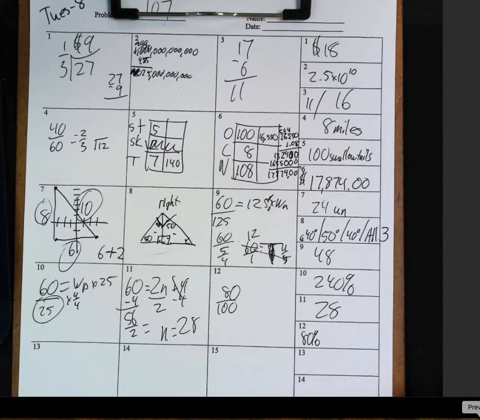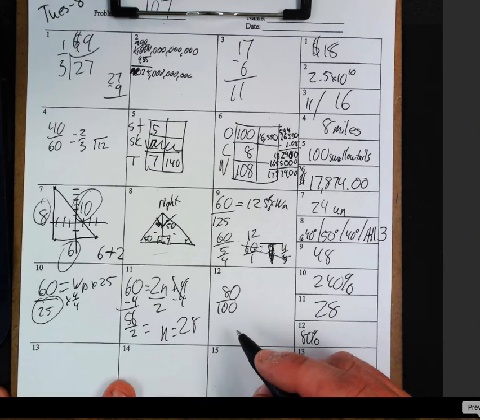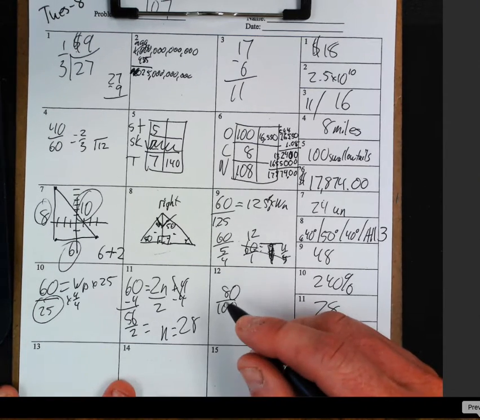B says, if the first marble is not replaced and the second marble is drawn from the can, what is the probability that both marbles will be yellow? Probability that the first one is yellow. Kendall, how many yellows? 10.